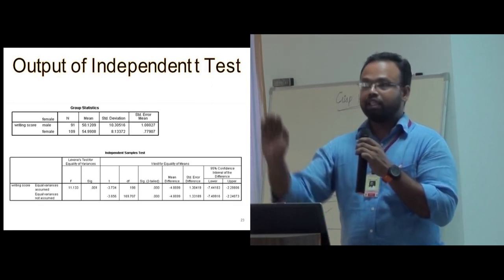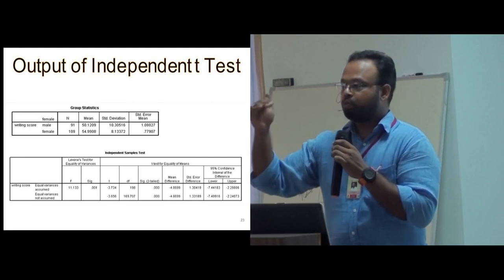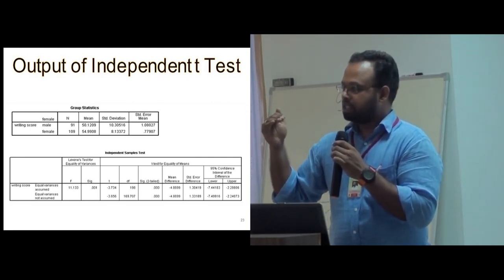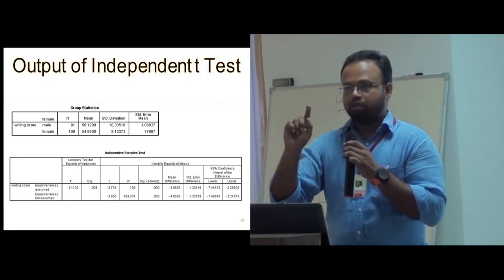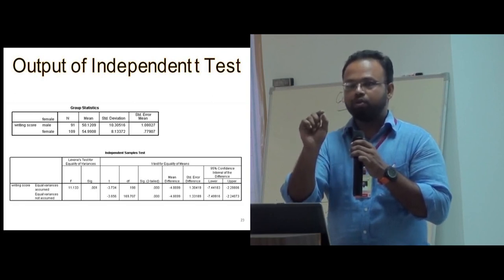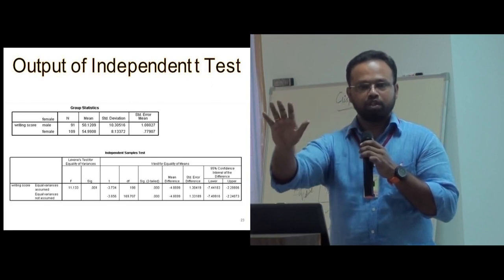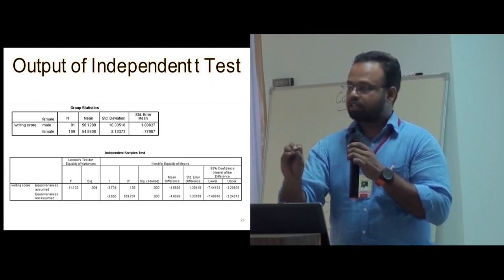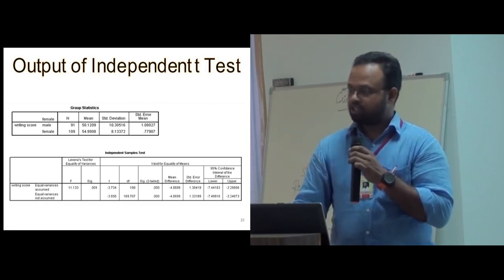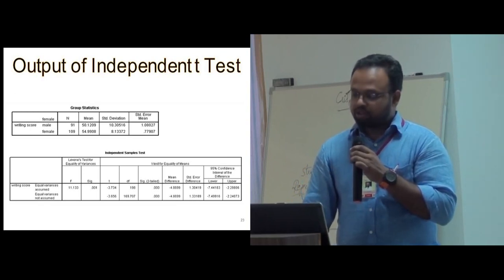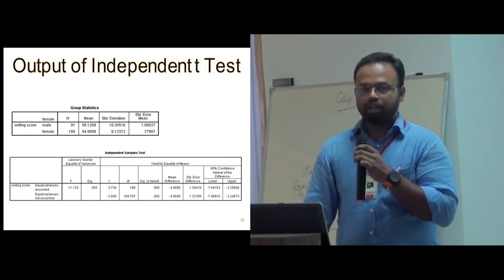Now, as I said, in chi-square test you will get an output for Fisher's exact test. See, one of your cell values, or this many percentage of cell values, are less than 5, so you cannot use chi-square test. Like that, for independent t-test also, SPSS gives output like this. It gives the Levene's test for equality of variances.